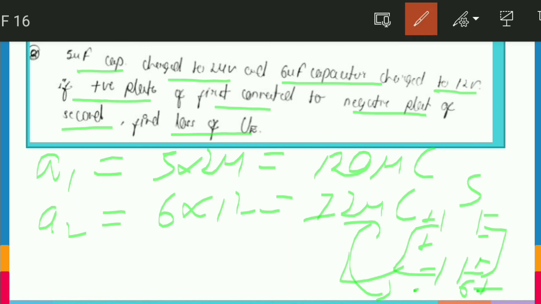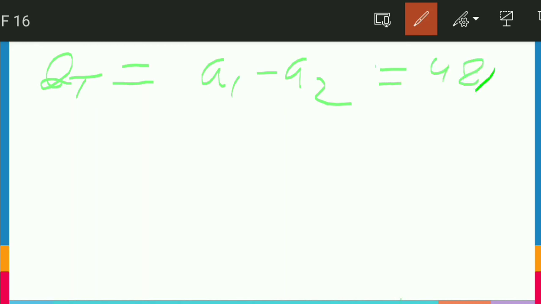But since it is connected opposite to that, our total charge in this case, can you guess, friends, what it will be? The total charge Q total for the system will be Q1 minus Q2, because in the question before we added, but since the polarity is reversed, we will subtract in this case. So Q1 minus Q2 comes to 48 microcoulomb.